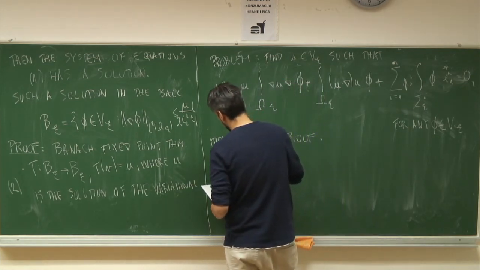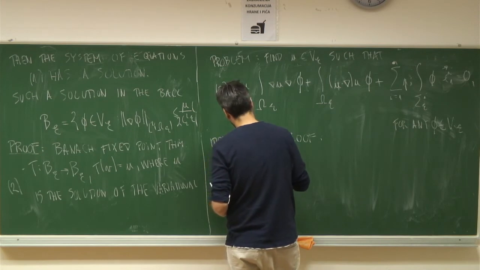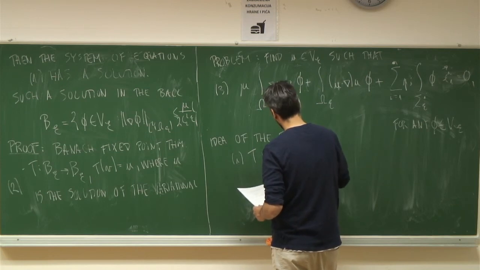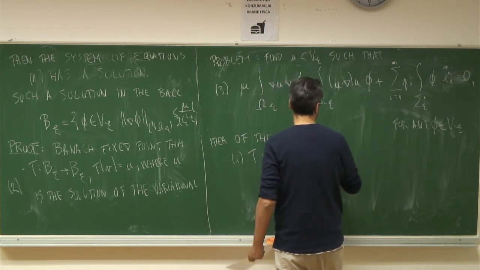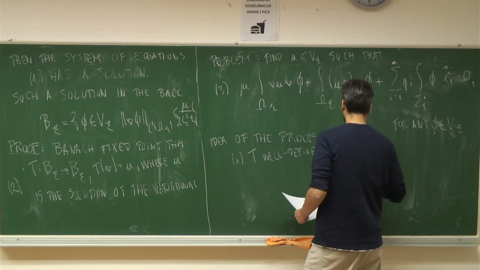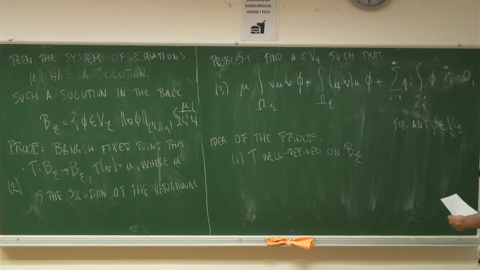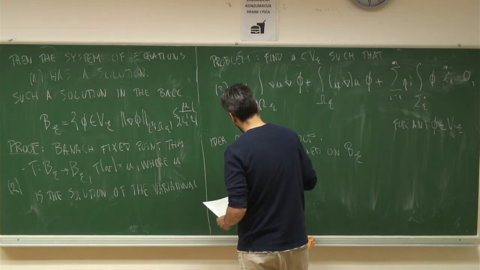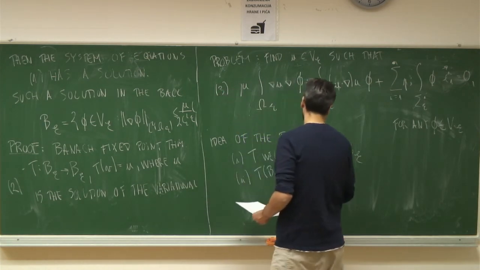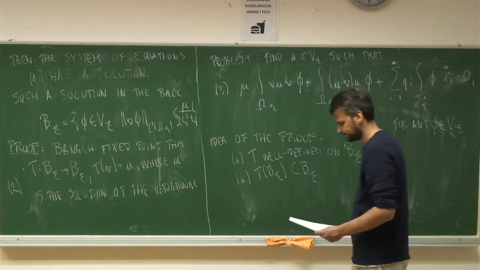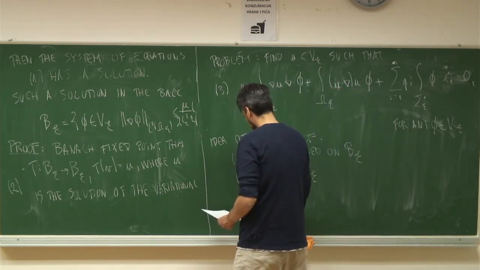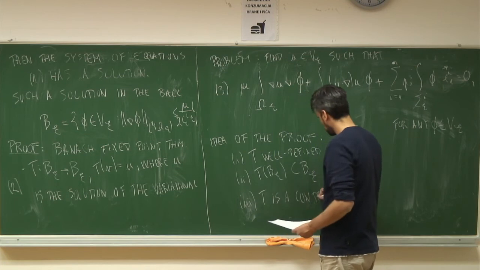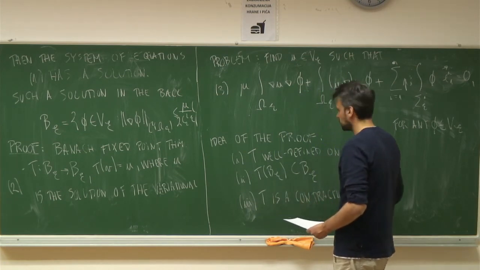You first need to prove that T is well defined, since you have an elliptic quadratic form, so you need to check this. Then you need to prove that T of B epsilon is a subset of B epsilon, and that T is a contraction.